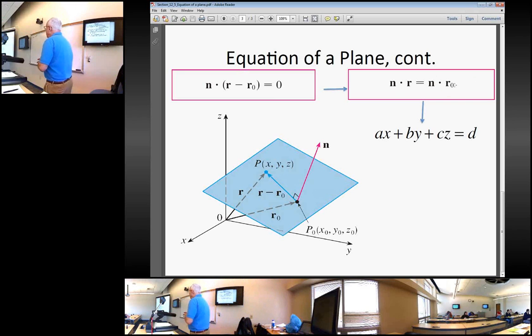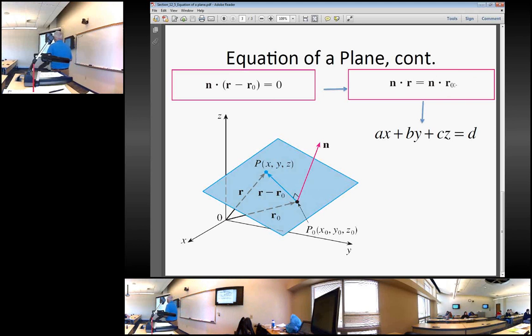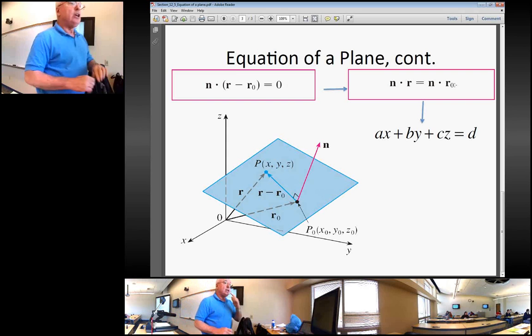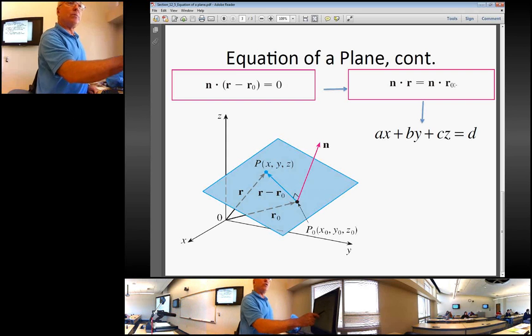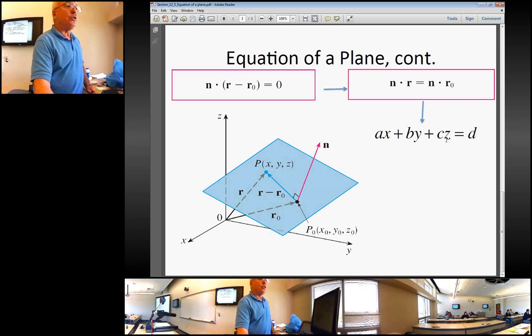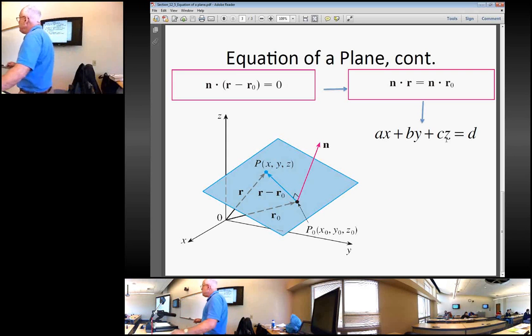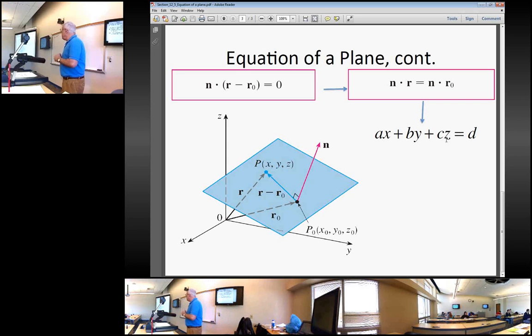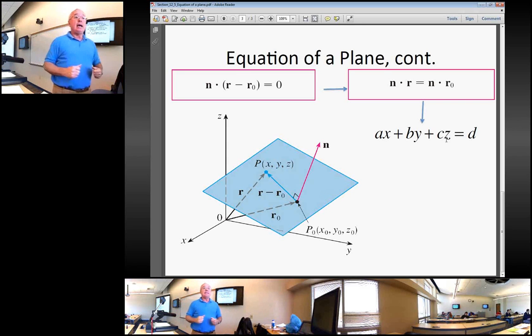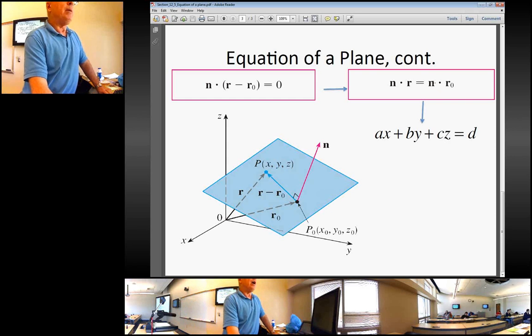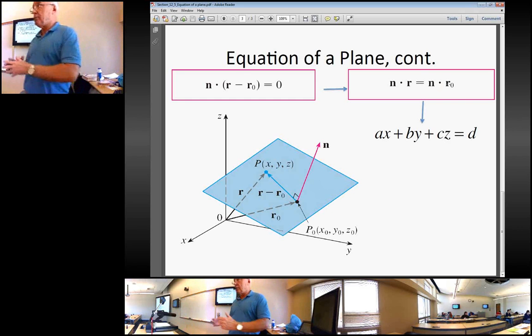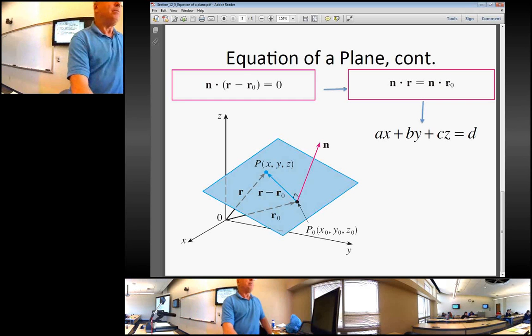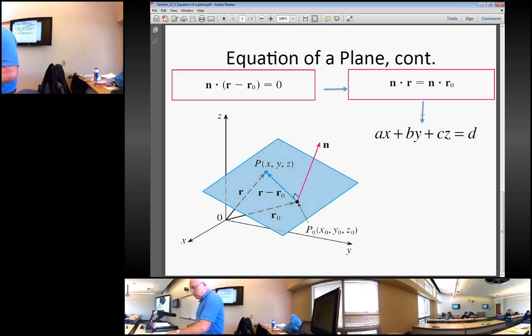Now I'm going to put it as an algebra equation. n is A, B, and C. r is X, Y, and Z. We take the products of their first components, A times X, plus the second component, B times Y, plus the third component, C times Z. That gives me the variables on the left-hand side. The right-hand side, D, is whatever number we get from the dot product of our normal vector and the displacement vector.